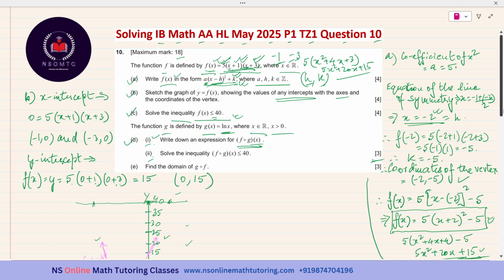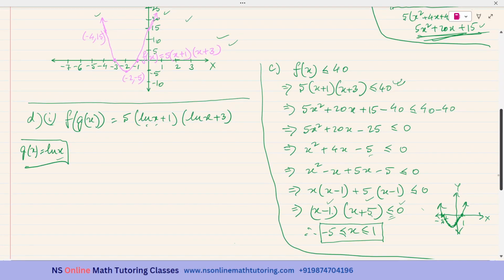So I think this is fine, or else let us expand, because we have to solve the inequality, so we can't leave it like this. We will be needing the expanded form. So it is 5 and ln of x whole square plus 3 ln of x plus ln of x plus 3.